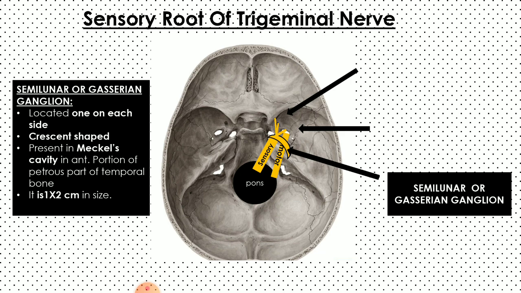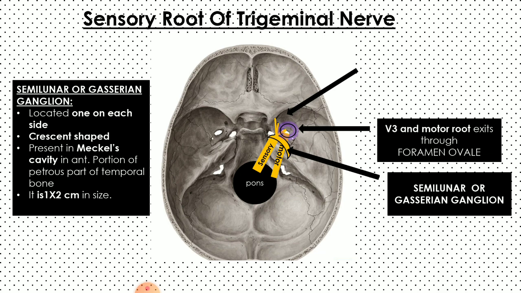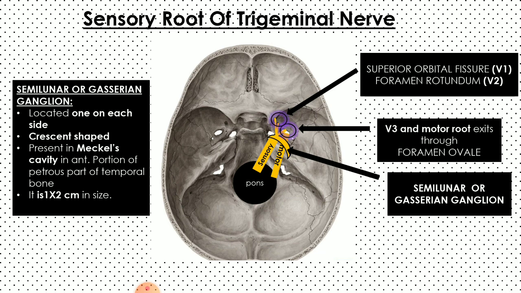So these three sensory nerve branches emerge from the convex portion of the ganglion. This branch along with the motor root traverses outside the skull through the foramen ovale. Whereas of these two branches, one enters the orbit from the superior orbital fissure, whereas the second exits the skull through the foramen rotundum.